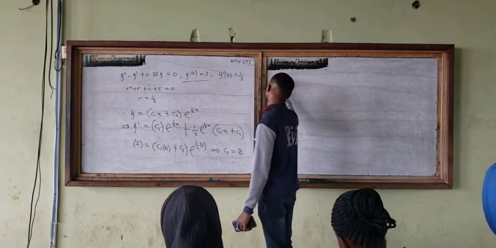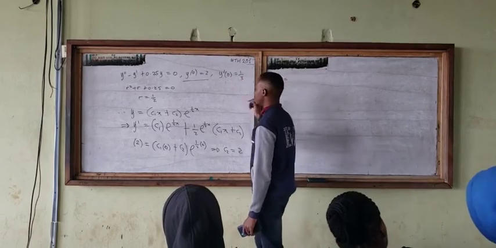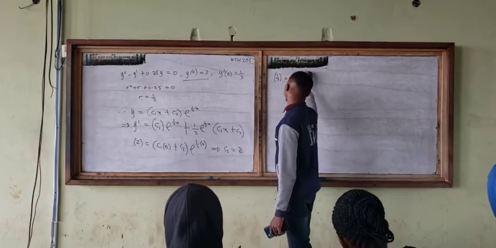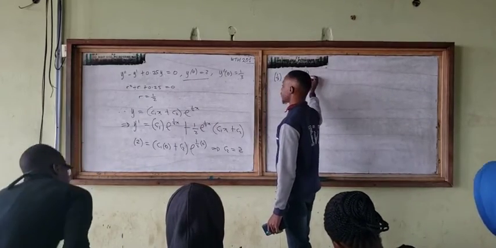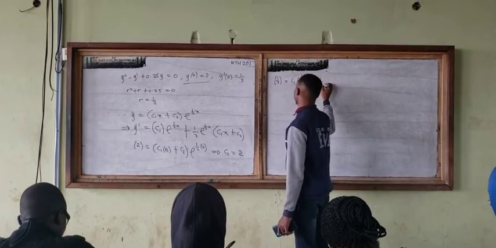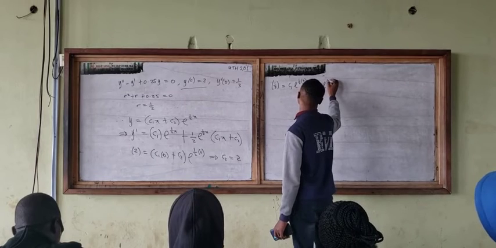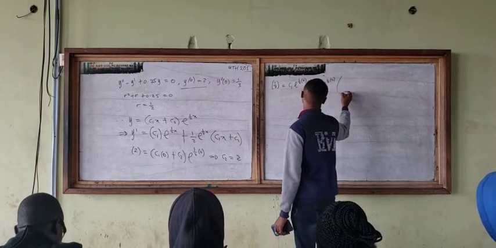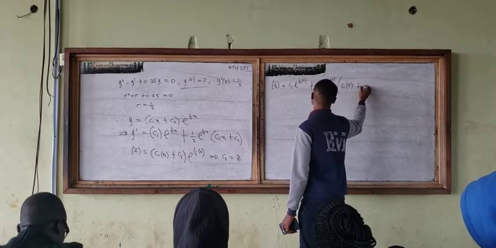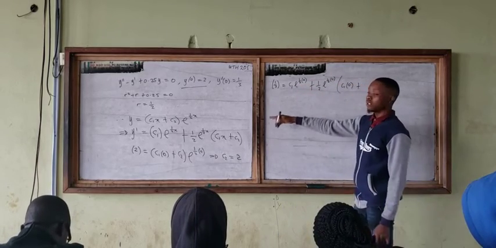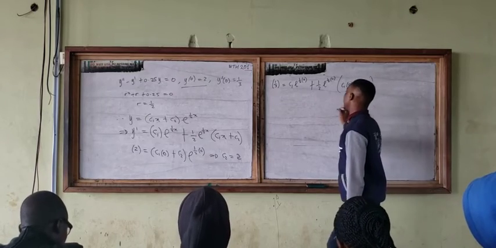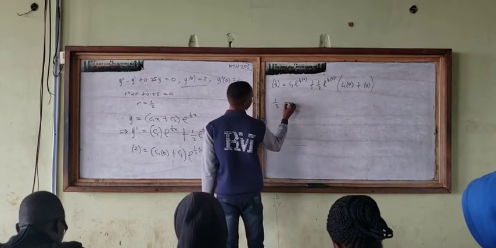So 1 over 3 is equal to C1 e raised to power 0, plus 1 over 2 e raised to power 0 times (C1 into 0 plus C2). Our C2, we already found it to be 2, so we're just putting 2 here directly.